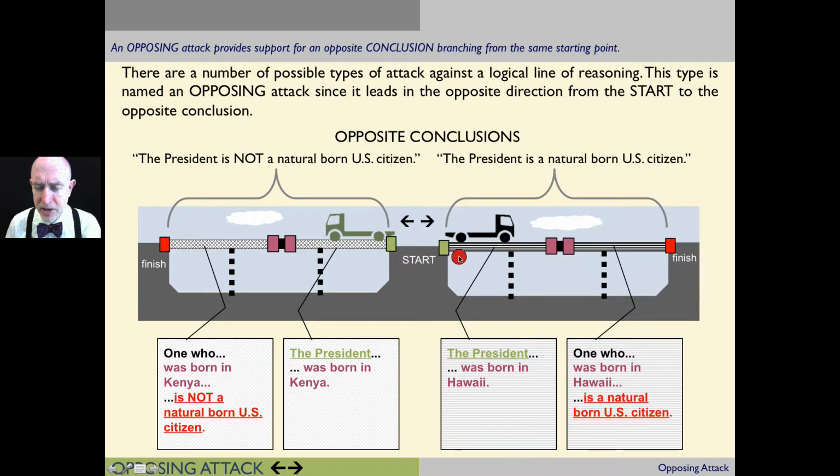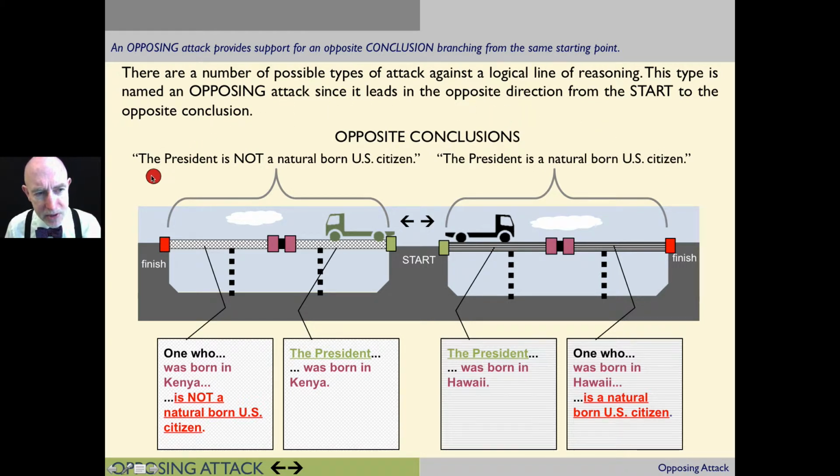As you can see here, there's two linked premises. The first one is the president was born in Hawaii, and the second was one who was born in Hawaii is a natural-born citizen, which leads to this conclusion.